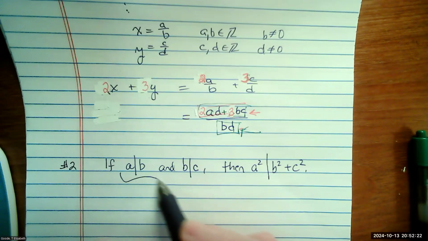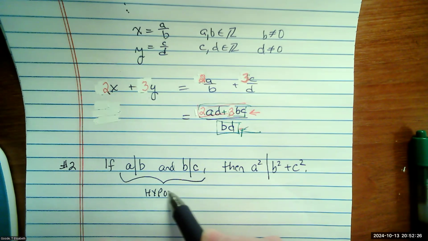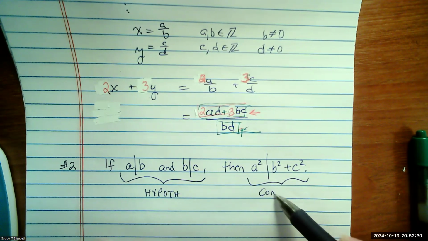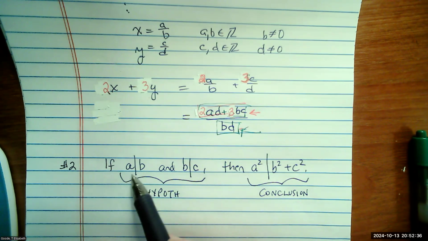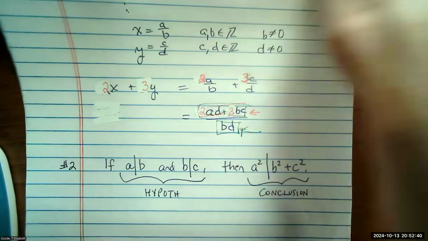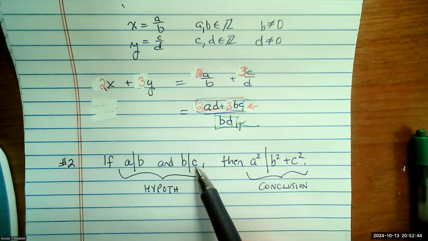But you just got to assume that A divides B and B divides C because that's our hypothesis. And then you wish to show that A squared divides B squared plus C squared. So you got to break out the definition of divides and use it twice. Once because A divides B, and again because B divides C.